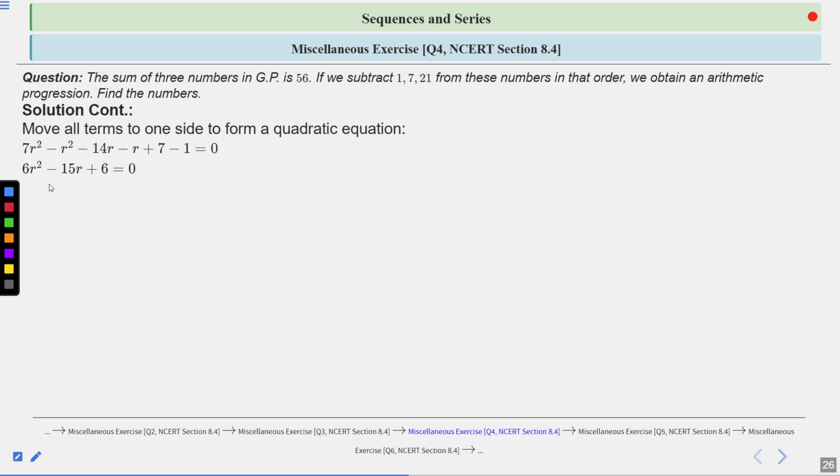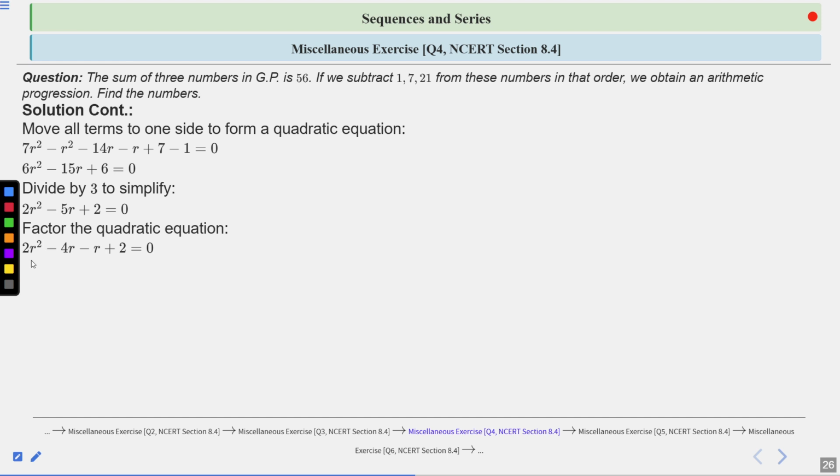This equation represents a quadratic equation in r. We can divide this equation by 3 to simplify. We get 2r square minus 5r plus 2 equal to 0. Factor the quadratic equation. Negative 5r can be written as minus 4r minus r.